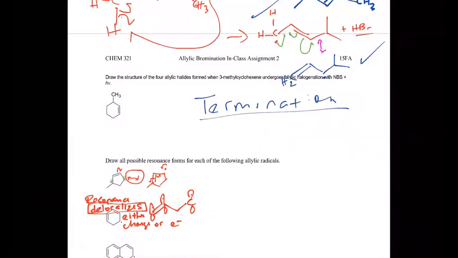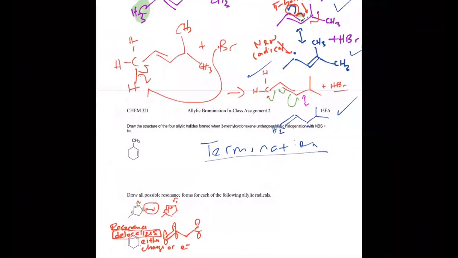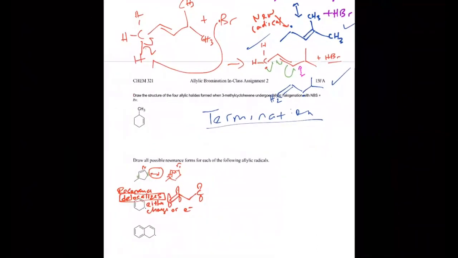Okay. So all of the radicals that you made up there, let me draw them out again. Shrink it down so I can see them all. So I made this one. I'm just going to leave the CH3s off. So I made that radical. I made this radical, where the electron is on that end, on a CH2.